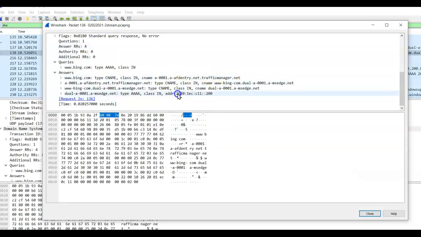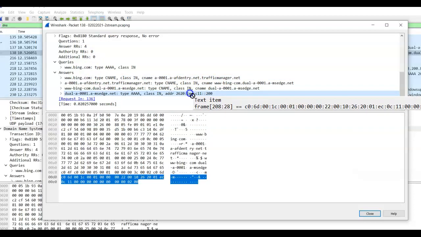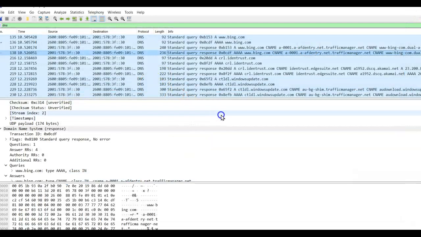Look at the name, look at the address for the response. That doesn't look like an IPv4 address. It looks more like an IPv6 address. So maybe that has something to do with the difference between A and AAAA, which is one of the questions I'm going to ask you on the homework.